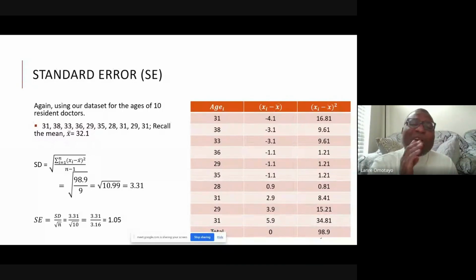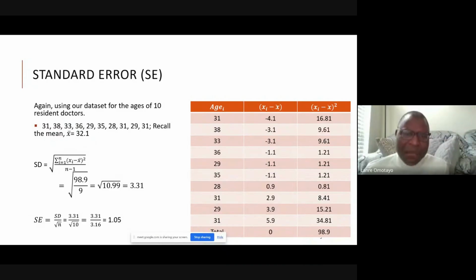That is the individual deviation from the mean. Now, when you have the individual deviations from the mean and you calculate the standard deviation, you then divide it by the square root of the sample size, which is 10 in this case. And that is how we compute standard errors.